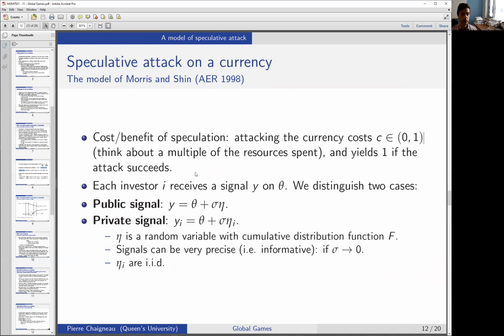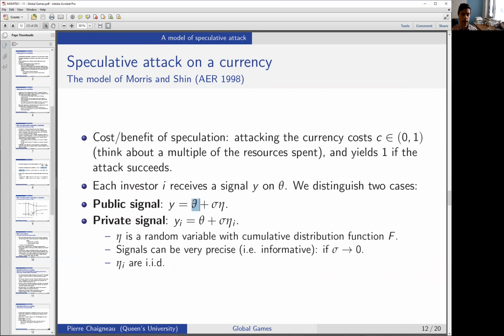Each investor is going to receive some information on theta, some signal. We're going to study two different cases. At first, we're going to study the case with a public signal, meaning that all investors, all speculators, are going to receive the same signal on theta. This is a public signal, and we call that Y. This is a noisy version of theta.